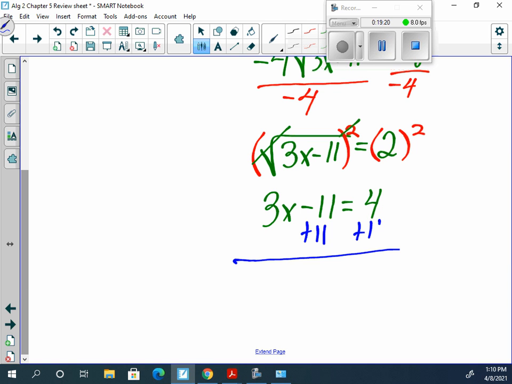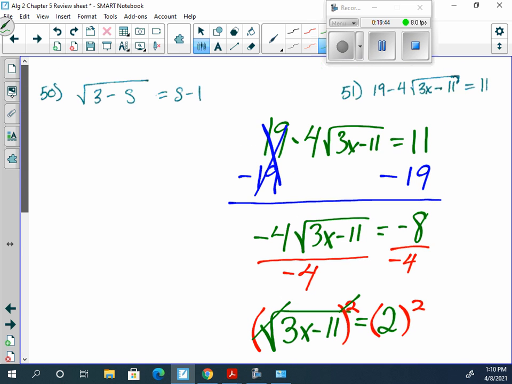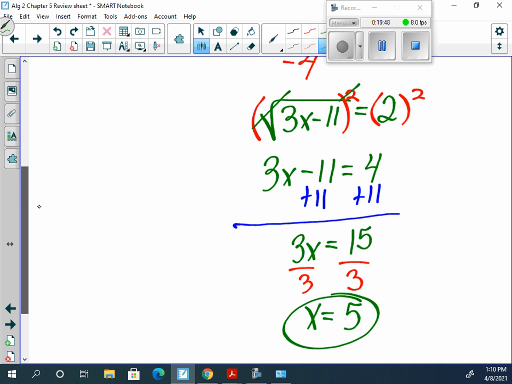Add 11 to both sides, which tells us 3x is equal to 15. And last but not least, divide both sides by 3, which tells us x is equal to 5. Yep. And that's all we have to do for this one here.